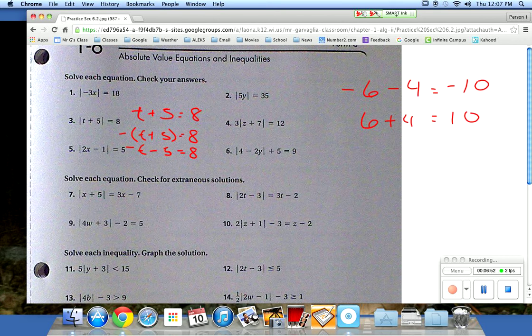Kind of see the similarities here in what we're doing? So this one here, t would equal 3. And in this one here, t would equal negative 3. Bring my negative 5 over. Well, actually, I'm sorry. This would be 13. Negative 13.